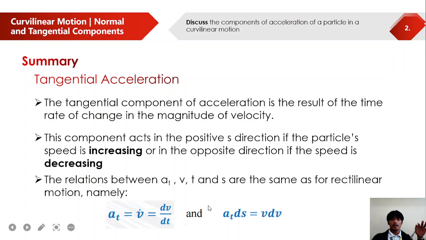Since rectilinear motion is along a straight-line path, there is no normal component. Only tangential acceleration exists there, because the velocity is always tangent to the path, as discussed in lesson 2.